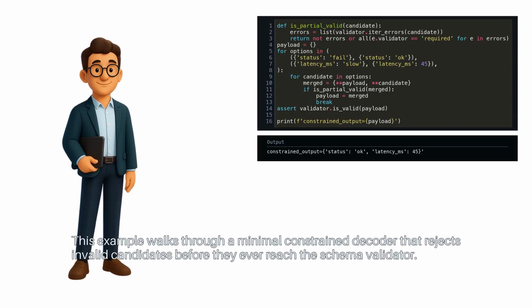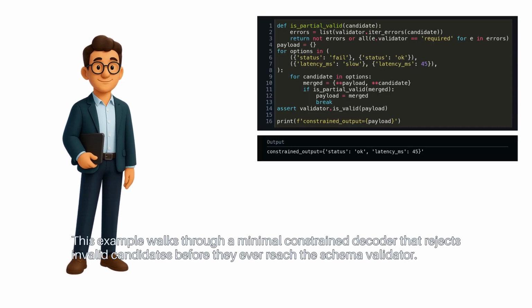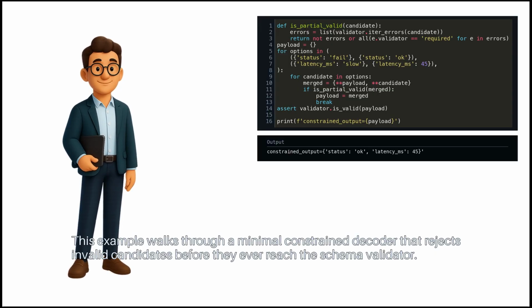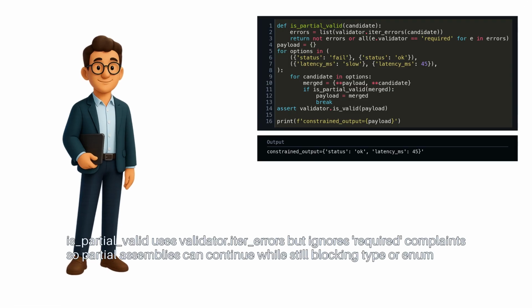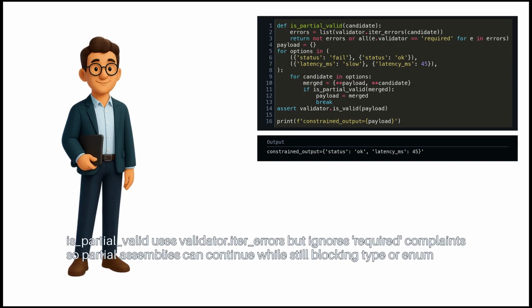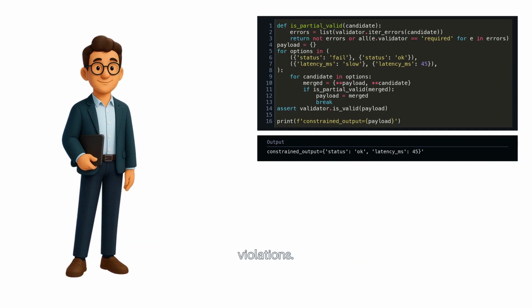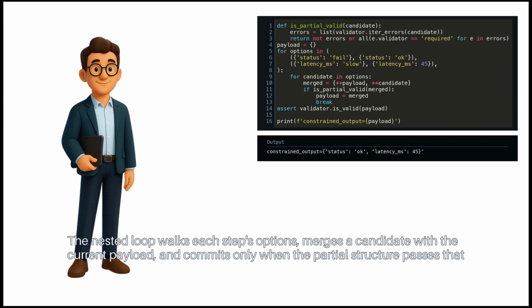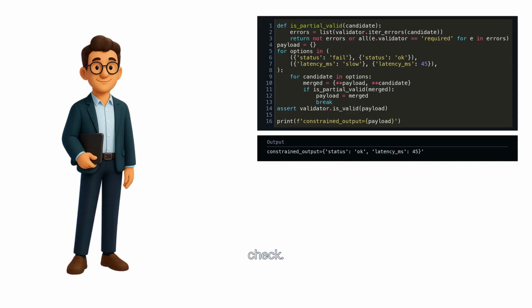This example walks through a minimal constrained decoder that rejects invalid candidates before they ever reach the schema validator. is_partial_valid uses validator.iter_errors but ignores required complaints, so partial assemblies can continue while still blocking type or enum violations. The nested loop walks each step's options, merges a candidate with the current payload, and commits only when the partial structure passes that check.